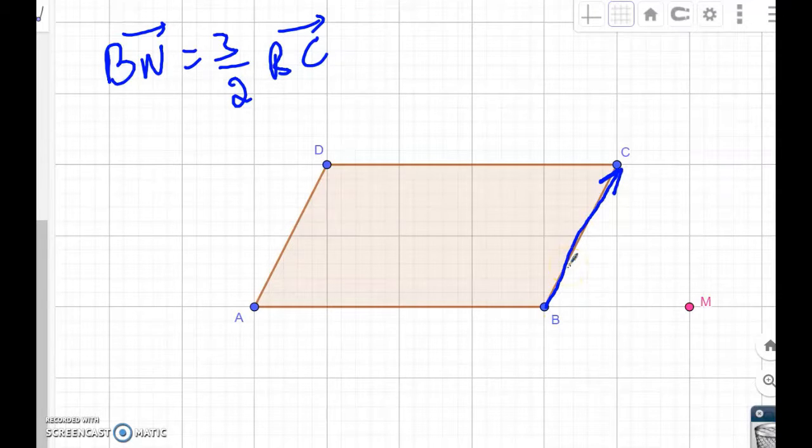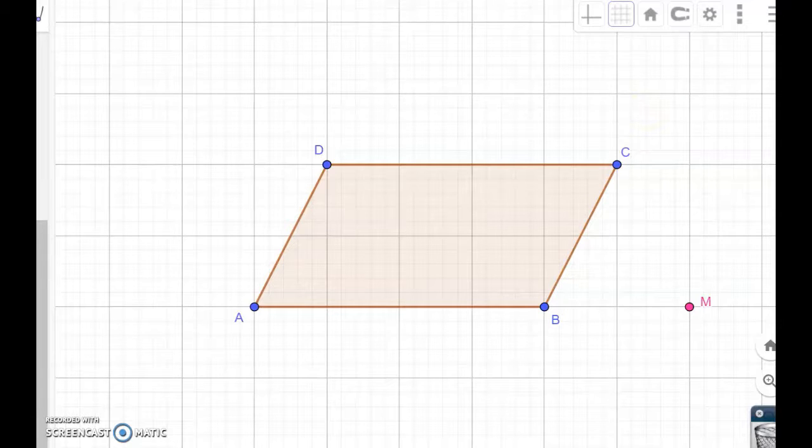So since BN is a multiple of BC, then BN and BC have the same direction. 3 over 2 is positive, so they have the same sense, so N should point upward. And the length or magnitude of BN should be 1.5 times that of BC. So you measure the length of BC and multiply it by 1.5, and you draw the point N, which should be somewhere here. So in our case, N will be this point.